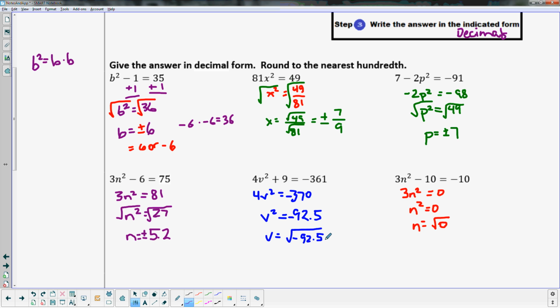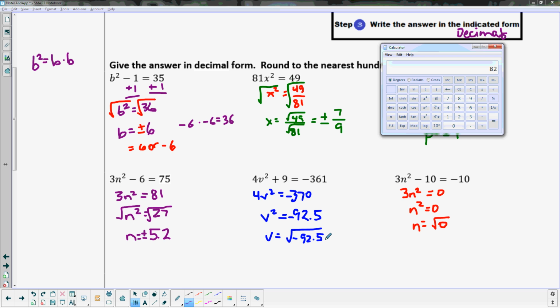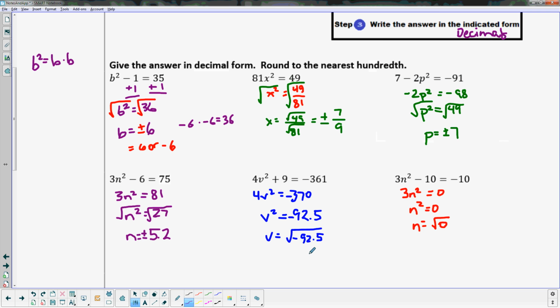And I'll show you that by taking 92.5. If I take the square root of that, I get an answer. Again, it's ugly, it's not a pretty answer, but I do get an answer. So it's not the 0.5 that messes things up. It's actually the negative. And that's because, can you think of a number multiplied by itself that's going to give you a negative?